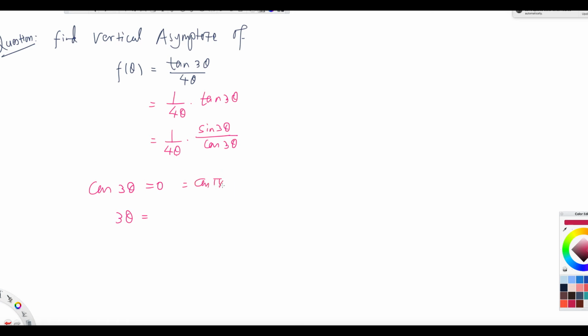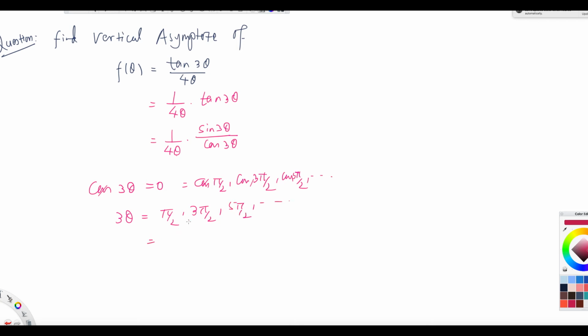Cosine pi over 2, cosine 3 pi over 2, cosine 5 pi over 2, and so on, right? Now if you take the inverse cosine, or cancel cosine on each of those, what you get is 3 theta equals pi over 2, 3 pi over 2, 5 pi over 2, and so on.